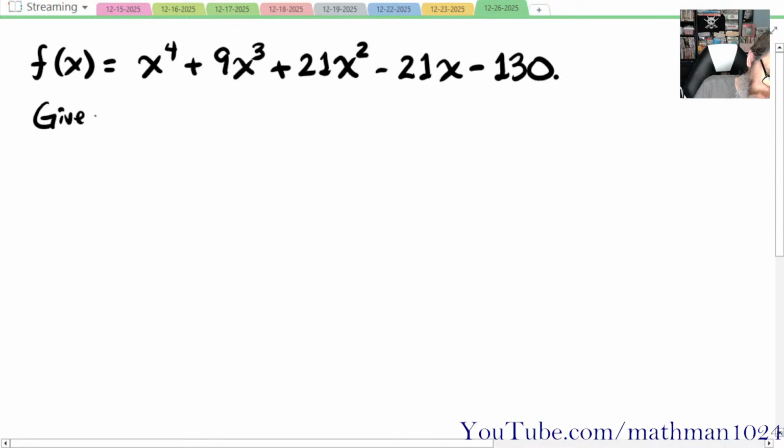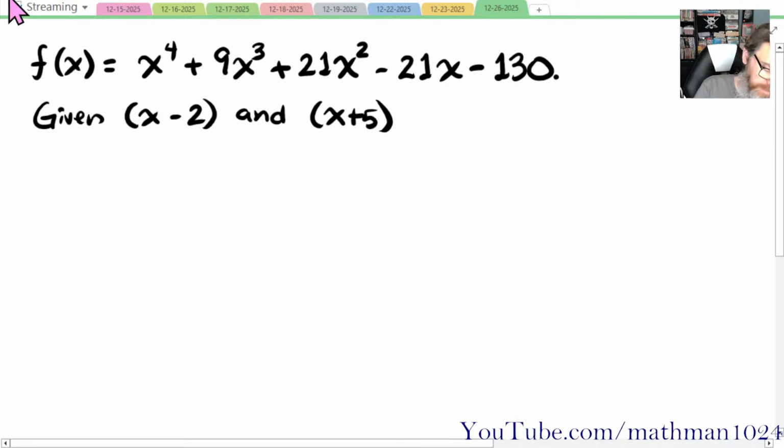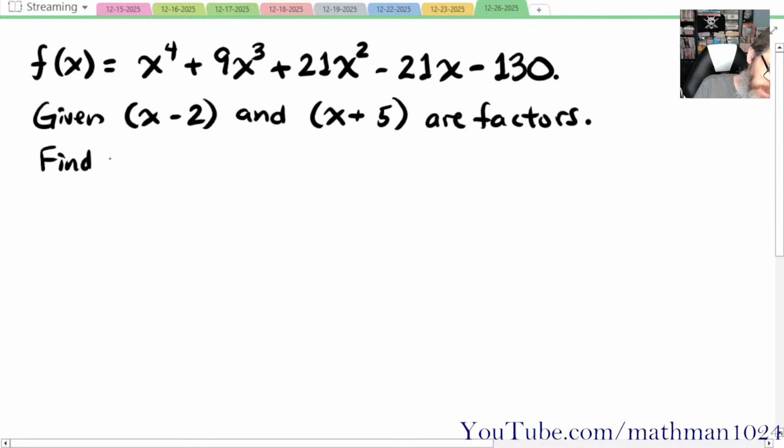And you are given that x minus 2 and x plus 5 are factors. So find all zeros and all intercepts.